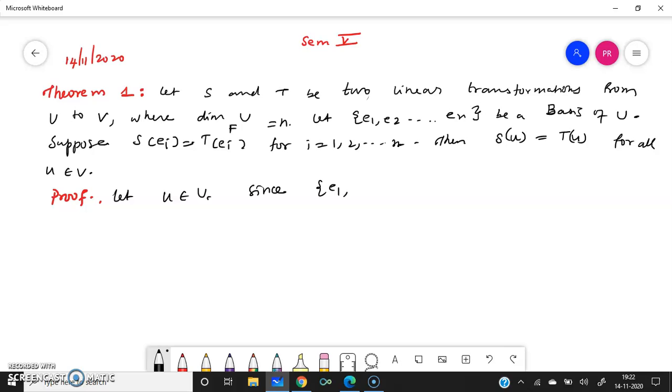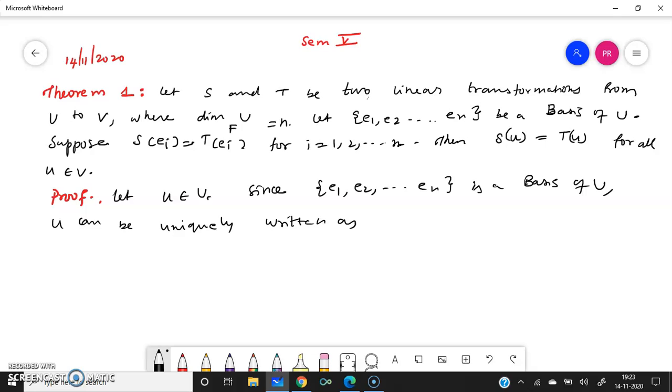since E1, E2 and so on to En is a basis of U, u can be uniquely written as so u is an element of U, and a basis is also given.